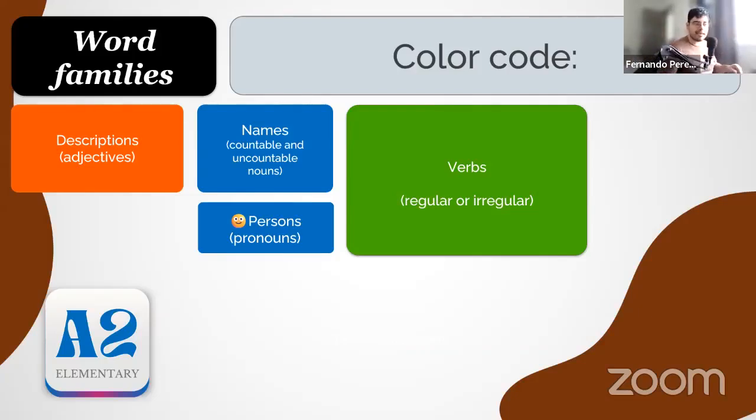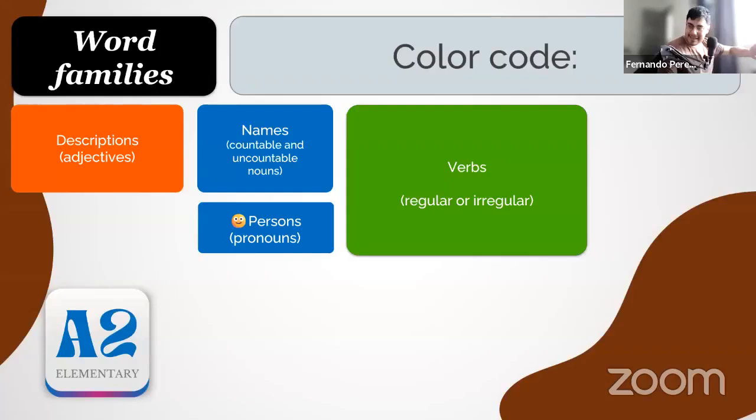An irregular verb is a verb that changes in past. For example, you have in present speak, in past spoke, in past participle spoken. You see? This irregularity, this change, is the word. Change the word.